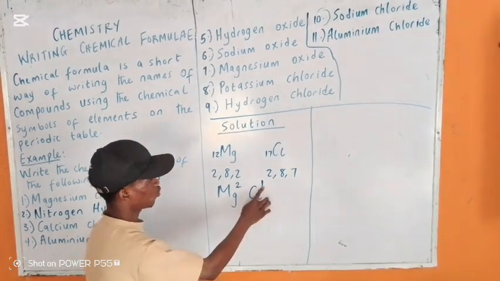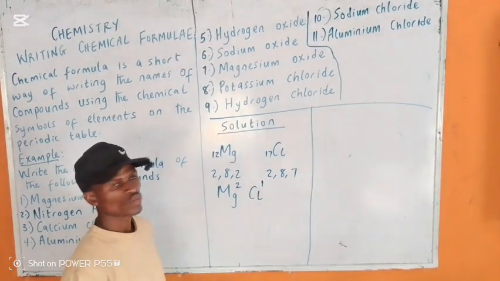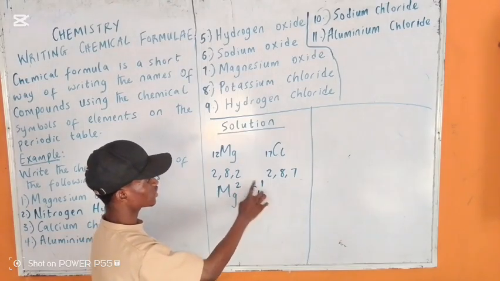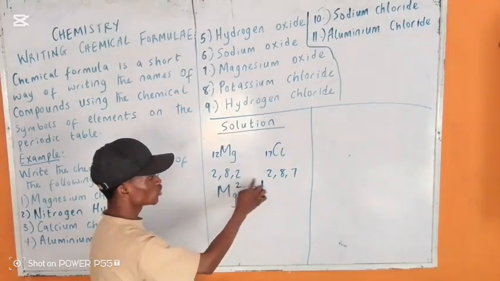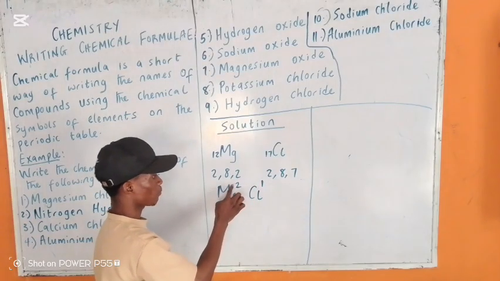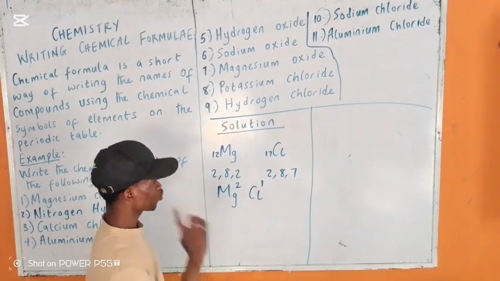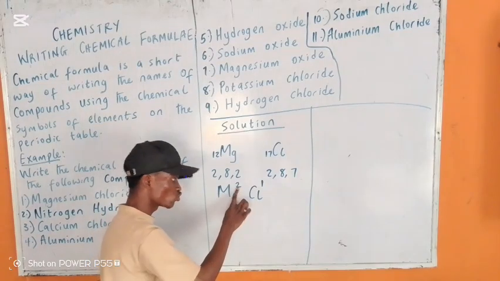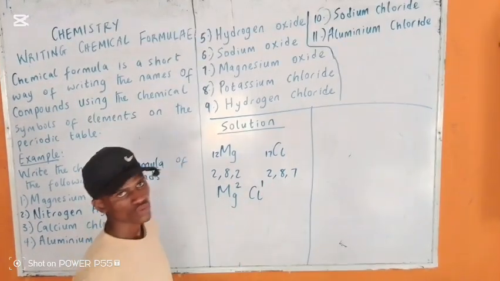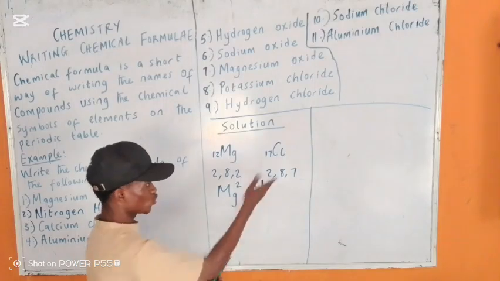You can say plus 2 and minus 1. That is the oxidation number of magnesium. Plus 2, minus 1. So the valency is what? 2. The valency for chlorine is what? 1.